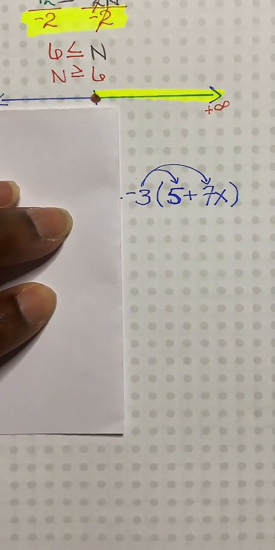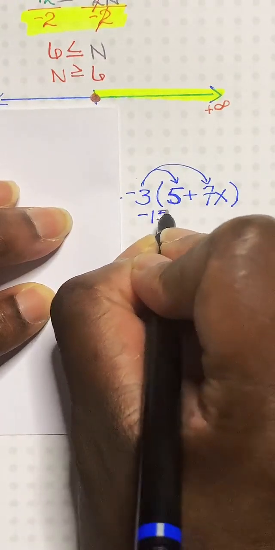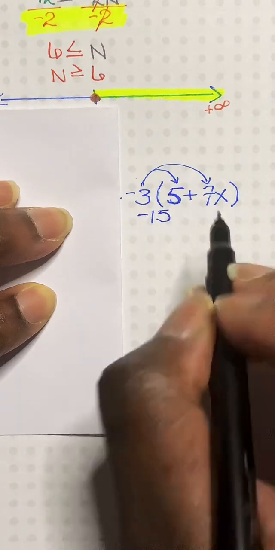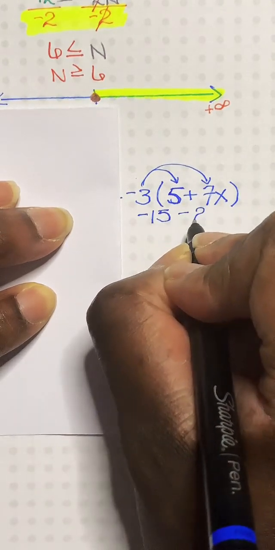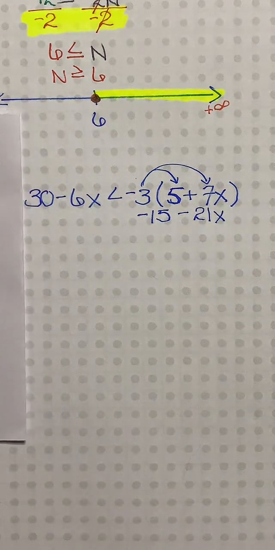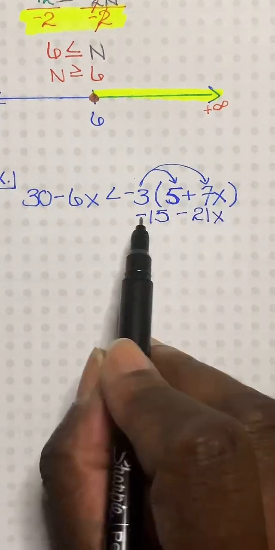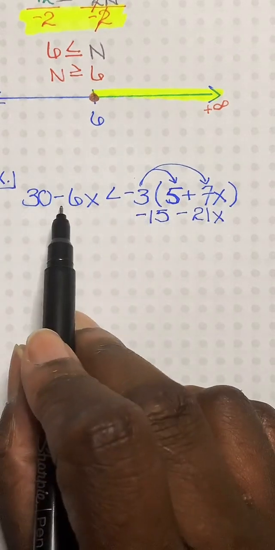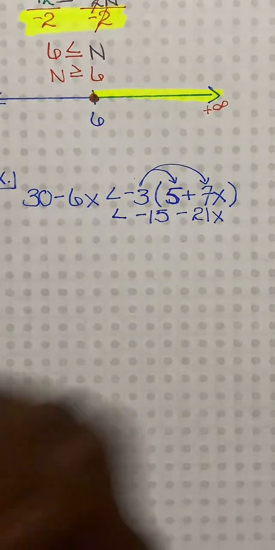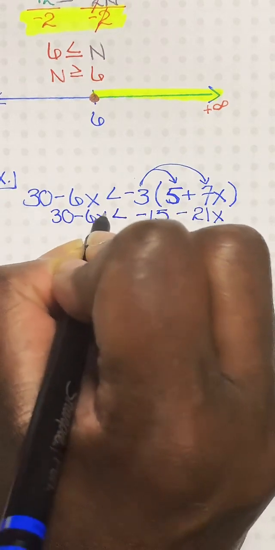So now from here, you have negative 3 times 5, which gives me a negative 15. And negative 3 times a positive 7x, a negative times a positive gives me a negative 21x. Then everything over here gets brought down. Yeah, I multiplied by a negative, but I didn't multiply to take it to the other side. So that's why my inequality is going to stay exactly where it is. Same direction, everything. So I just bring down my 30 minus my 6x.